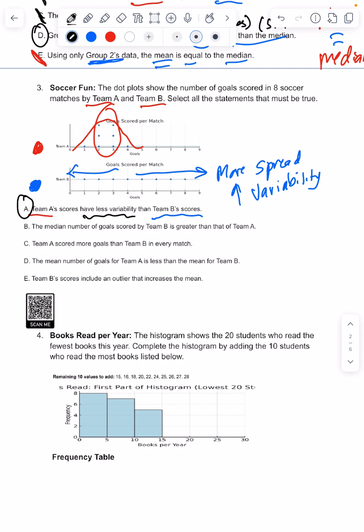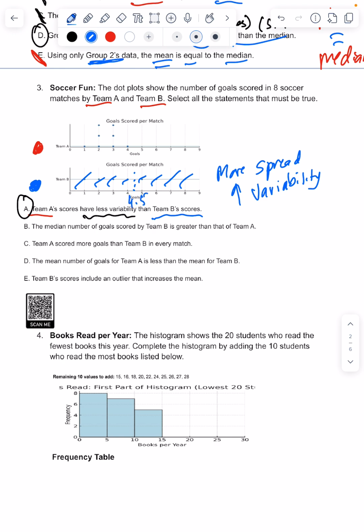That is true, right? Now again, we're looking at the median. The median in this case for B is greater than the median for Team A. Well, let's start with B. What's the median? Well, again, I could just look at the middle. They're both symmetrical, so I should be able to find it in the middle of those two values. So in this case, 4.5.